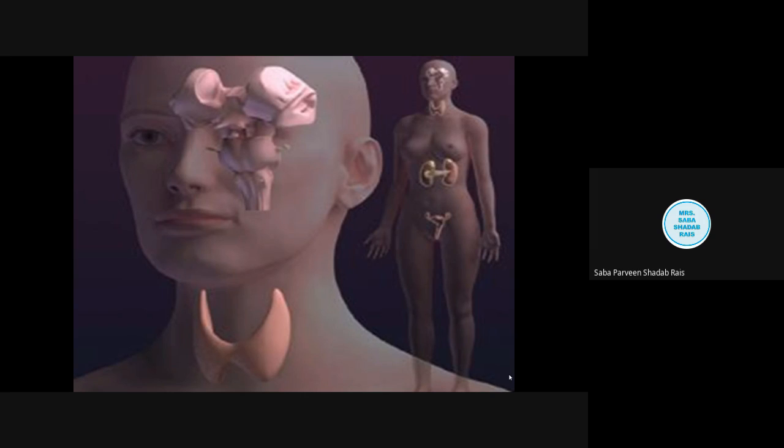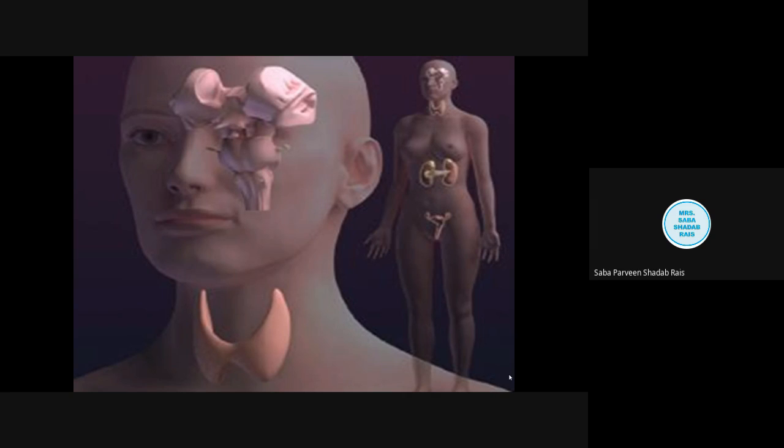In that we have seen that homeostasis deals with temperature, pH, ions, or you can say the water concentration of our body. All these things play a very important role to keep you alive.